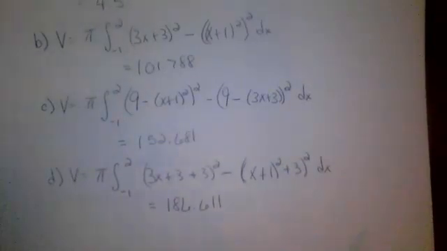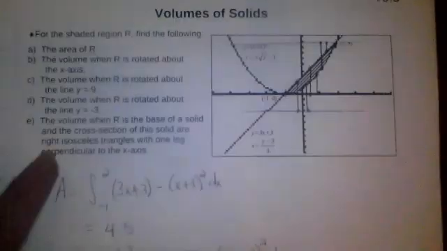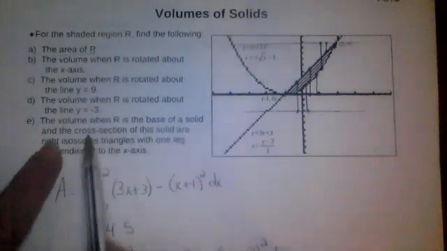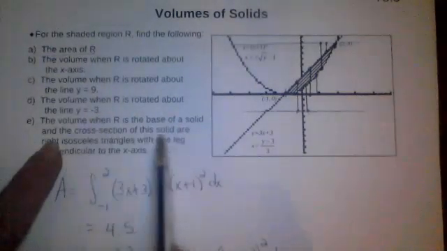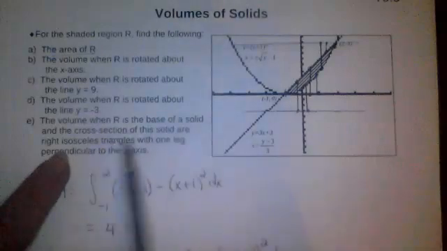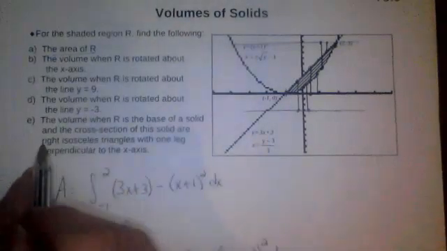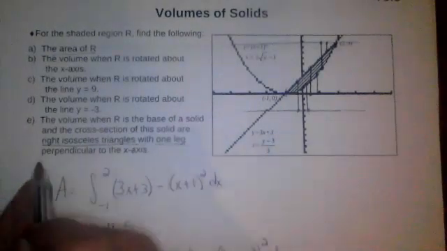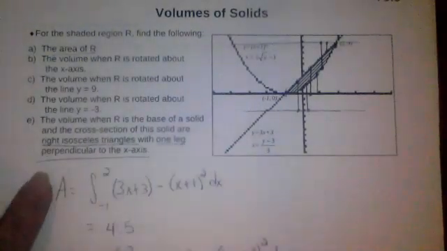All right, and then our last one, it says we want to find the volume when our base is solid and they're building up cross sections that are right isosceles triangles. One leg is perpendicular to the x-axis.